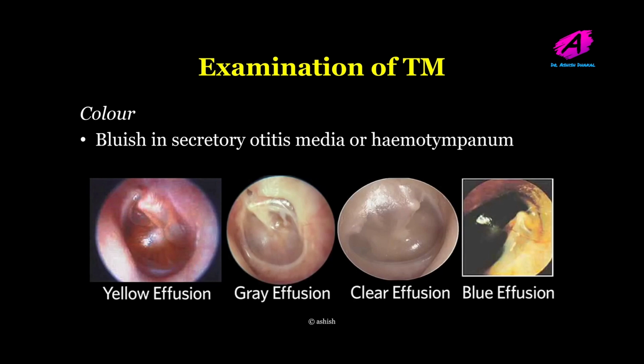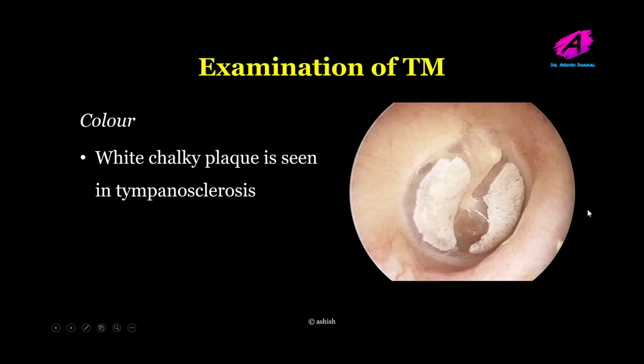The color may be variable in this case, like sometimes you may see yellow effusion, grayish effusion, clear fluid may be present, or sometimes blue effusion may be present. Sometimes white chalky plaques may be seen in the tympanic membrane. These are tympanosclerotic patches.